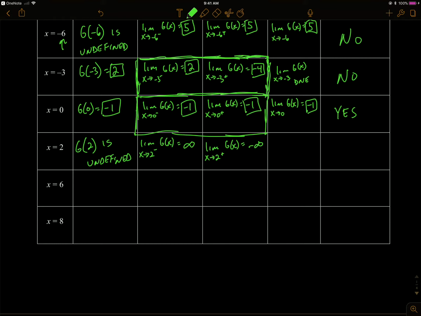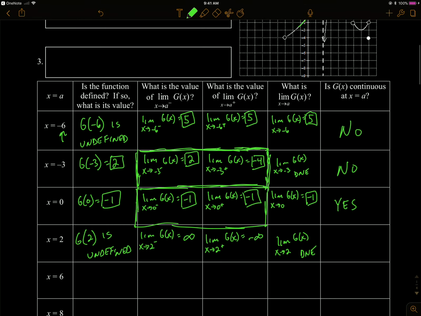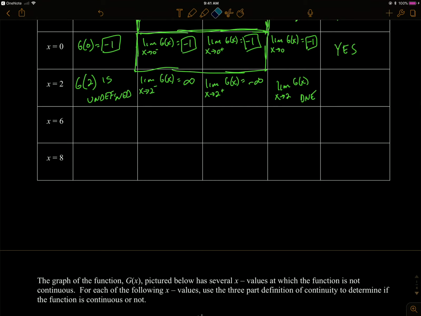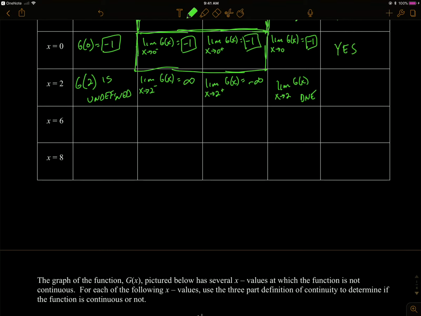So therefore the limit as x approaches 2 of g of x does not exist. Now if we look at the graph at our target value of 2, as I approach 2 from the left, I definitely have to pick up my pencil and restart my tracing, so the function is not continuous.